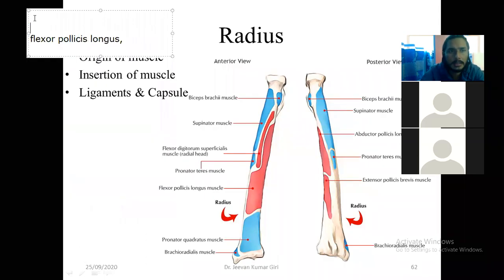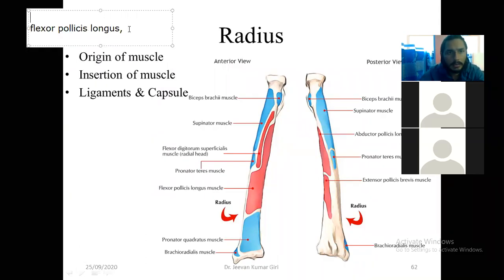Origin, insertion. Now the flexor pollicis longus. So we have got a flexor pollicis brevis also, okay? Now see, so this is the site of origin of the flexor pollicis longus. Originated from the anterior surface, that is the upper 2/3 or upper 3/4 also. You can write anything, okay? 2/3 I will write here.